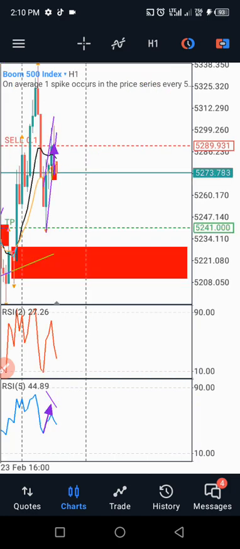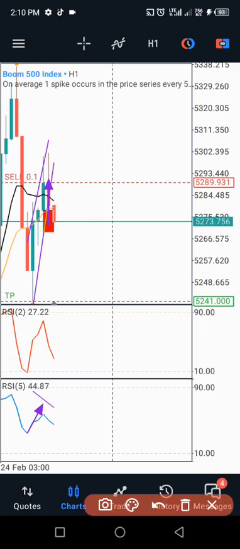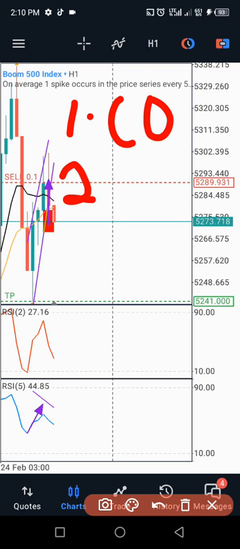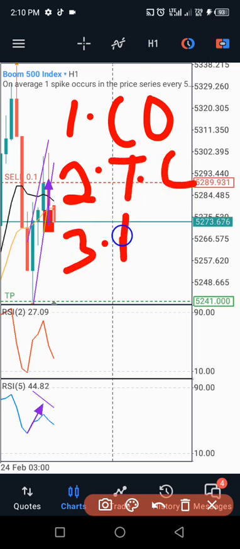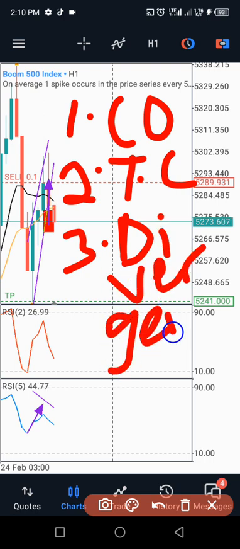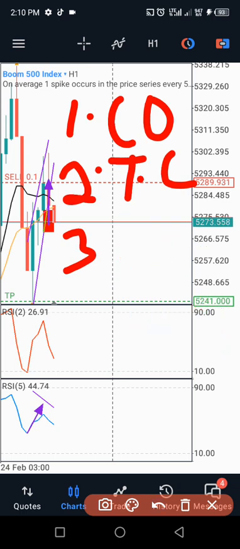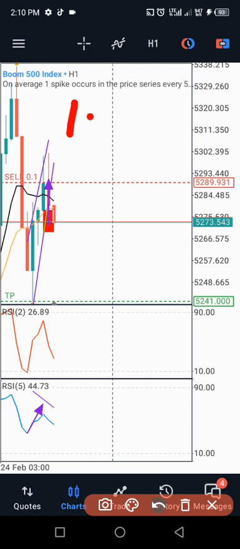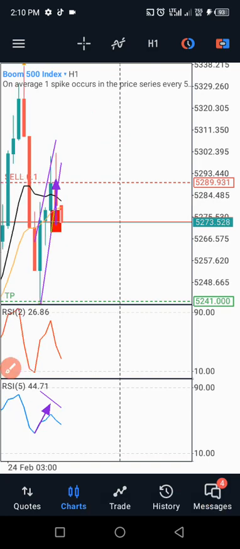The first condition is our crossing over, the second condition is our trend channel, and the third condition is our divergence.